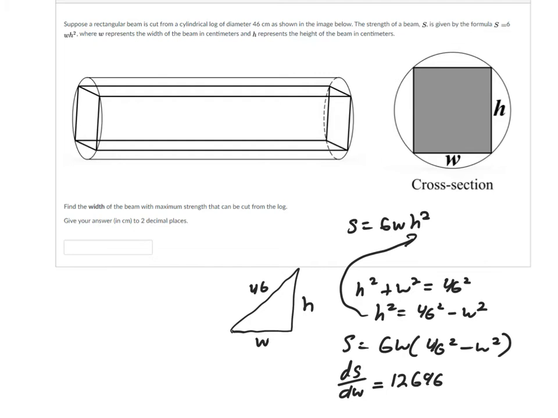The derivative of 6W cubed is 18W squared. And that is going to be equal to 0.